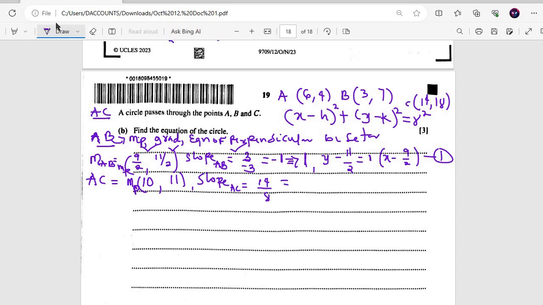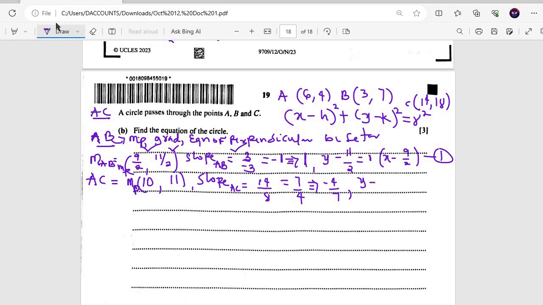So the gradient for this one is 14 over 8, which is 7 over 4. Remember, for the perpendicular bisector equation you have to flip it: minus 4 over 7. We can now get the equation of the perpendicular bisector.